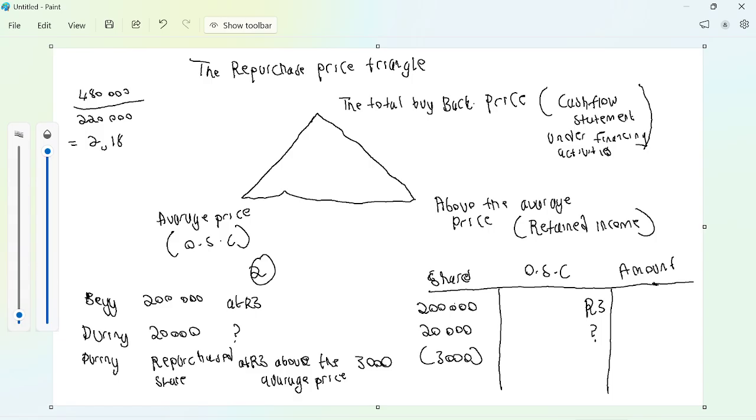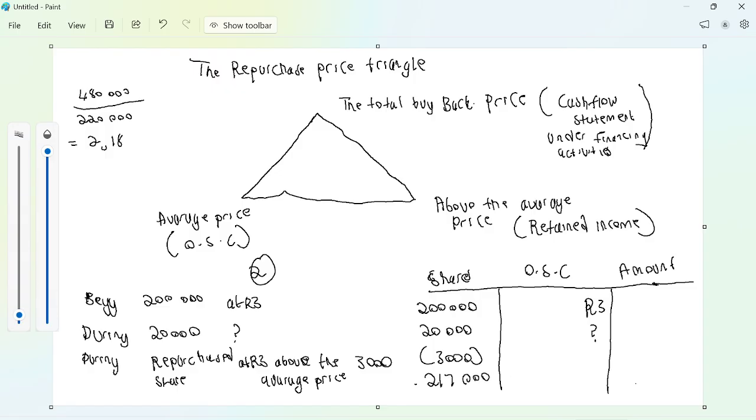We have to look for the average price using another method now. In this case, you say 200,000 plus 20,000 minus 3,000, and you get the number of shares at the end of the year. You're getting 217,000, right?